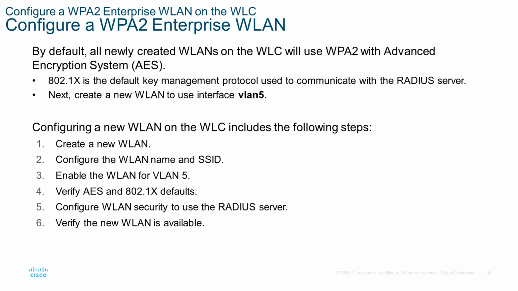Now we need to set up our various elements that we need for the enterprise wireless. So we're going to use 802.1x for key management. So we need to be able to talk to the server. So we need to go through and configure the wireless controller to use the Radius server to authenticate.